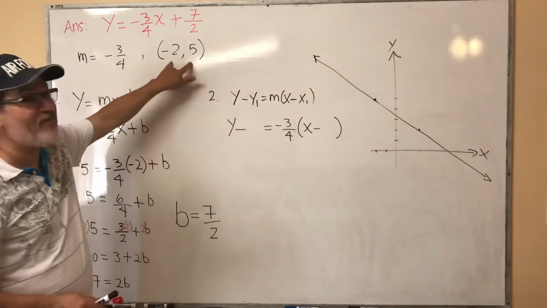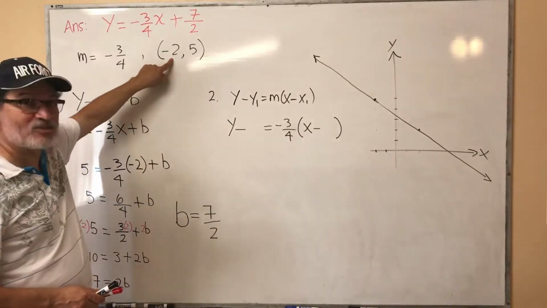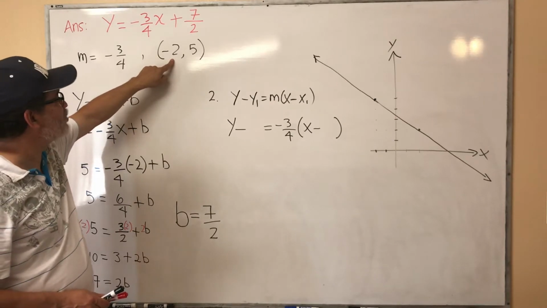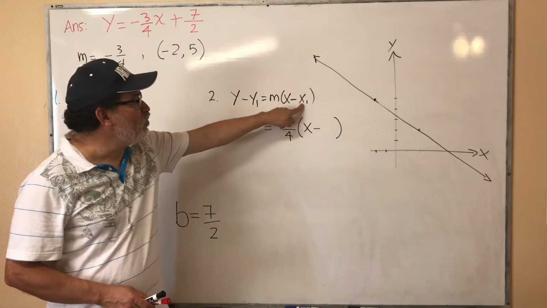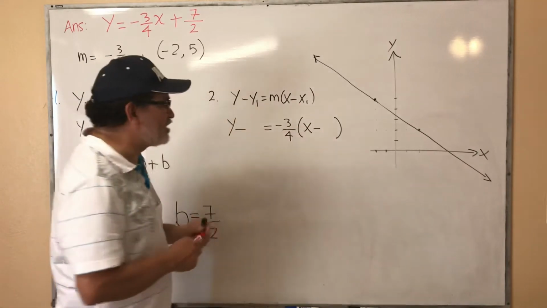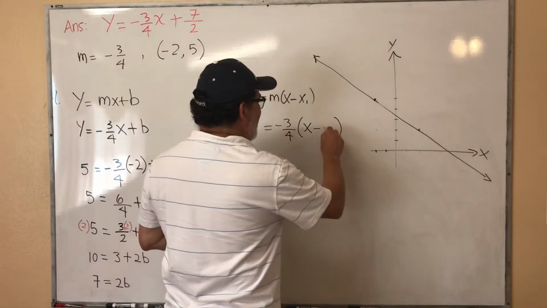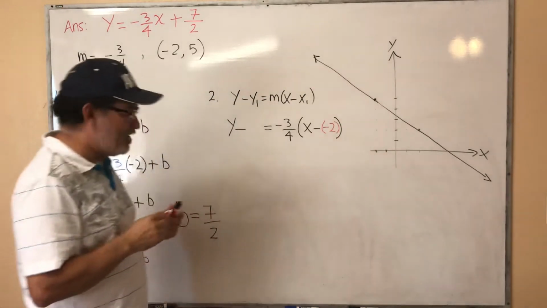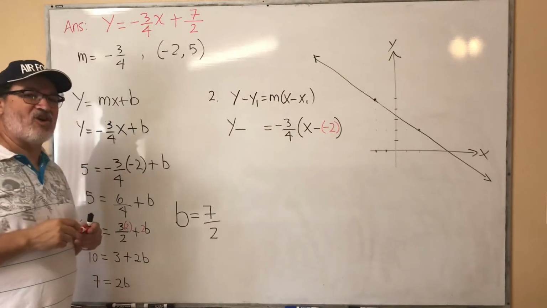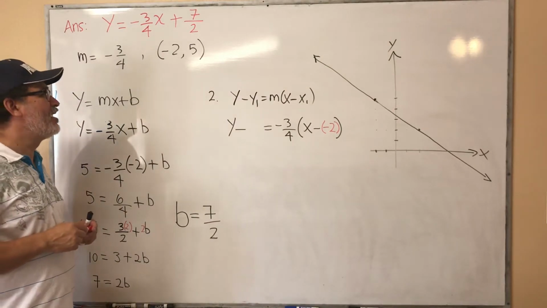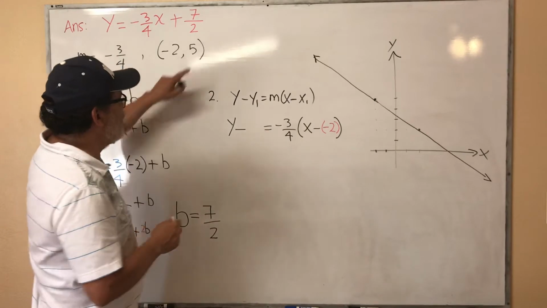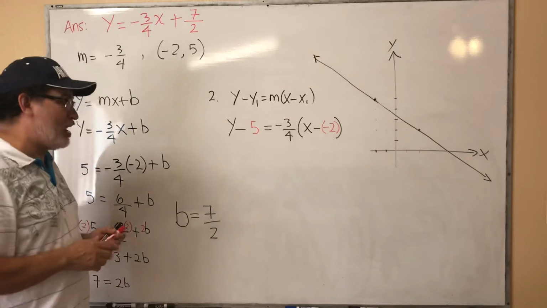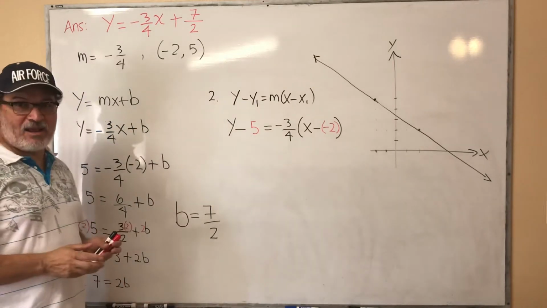And that's the point given. I'm going to plug this x1 there, which is right here. So that's minus 2. Minus 2. You guys tell me, what is y1? y1 is 5 right there. 5. And now I'm going to solve for y.